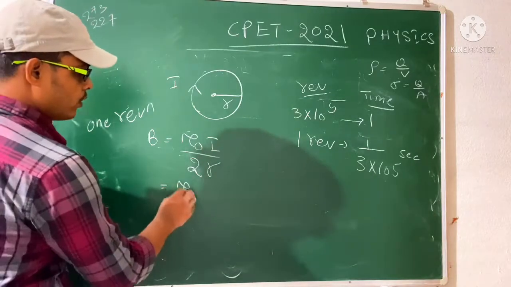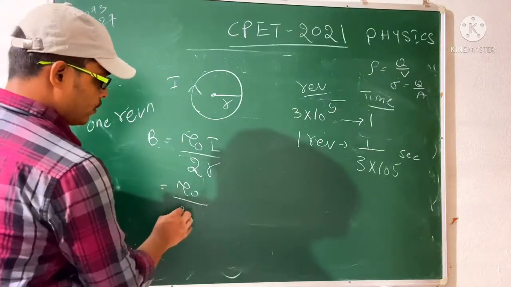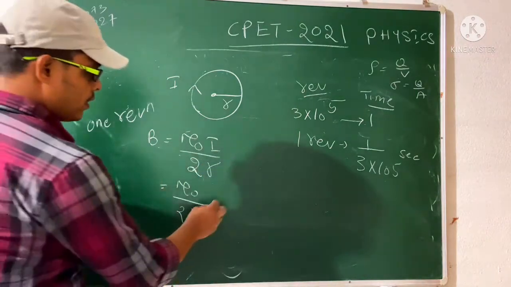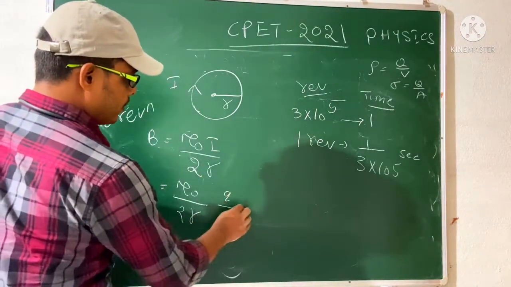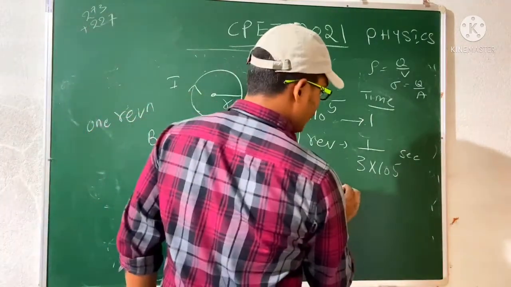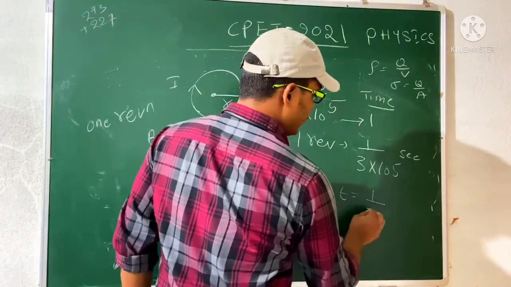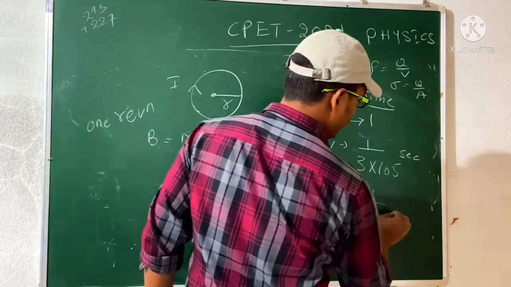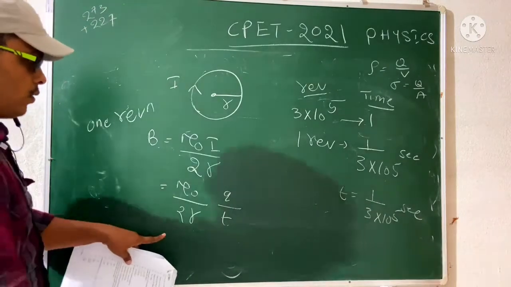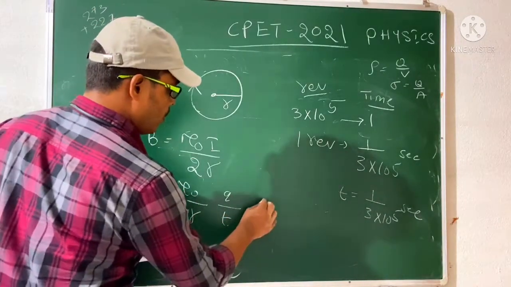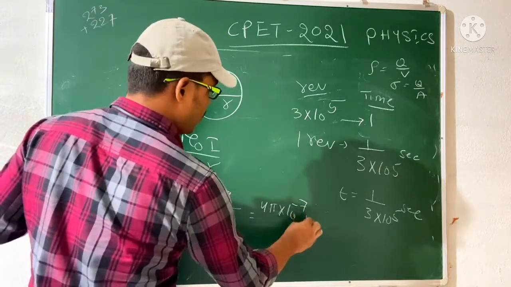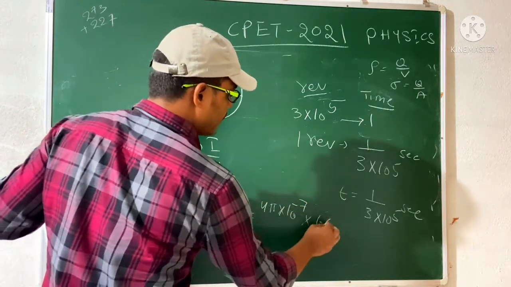So what is the magnetic field? This is equal to mu 0 I by 2r. What is I? I is q by t, so this is q by t. This is your time, so time equal to 1 by 3 into 10 to the power 5 second. Now we obtained everything. So what is mu 0? This is 4 pi into 10 to the power minus 7. What is the charge of the electron?